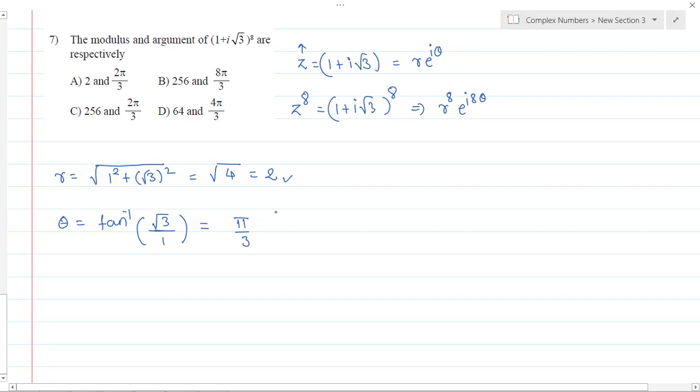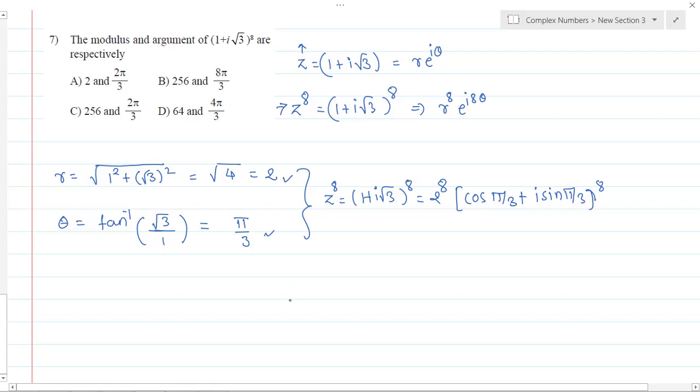Let's substitute this r and theta in this equation. So z to the power 8, which is (1 plus i root 3) to the power 8, is equal to 2 raised to power 8 into e raised to i 8 theta, which can be written as (cos of pi by 3 plus i sin of pi by 3) to the power 8.